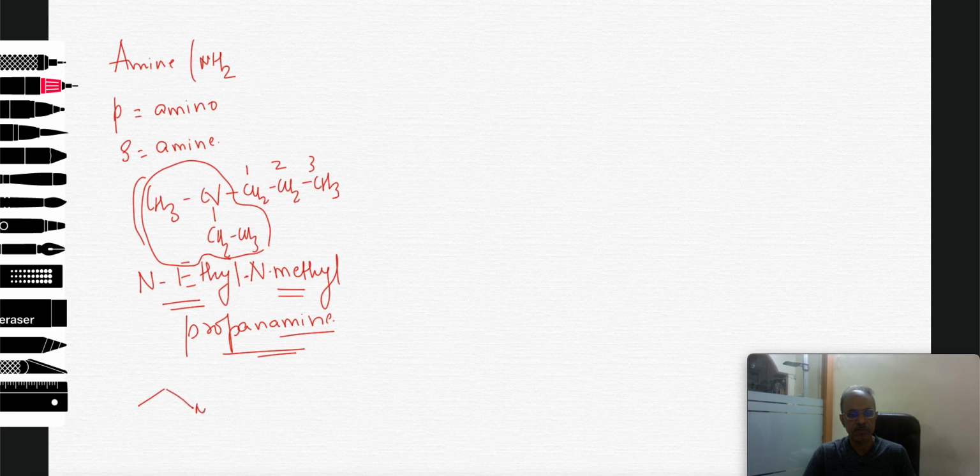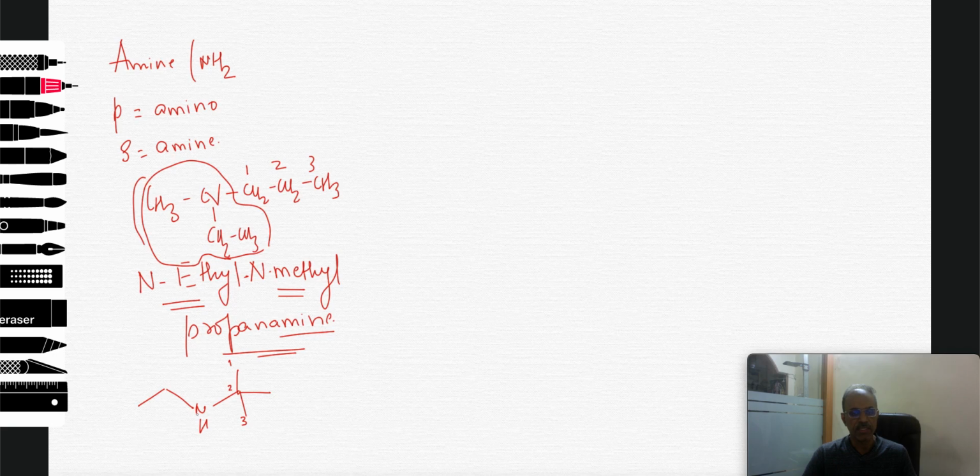Suppose this is H. Fine. So I will take 1, 2, this will be the longest carbon chain, 1, 2, 3.